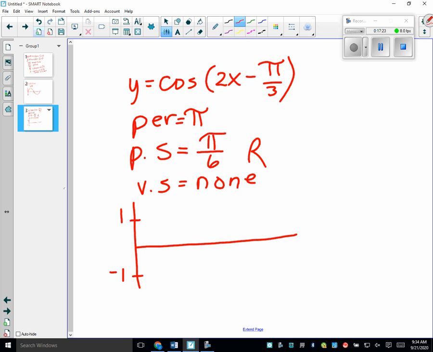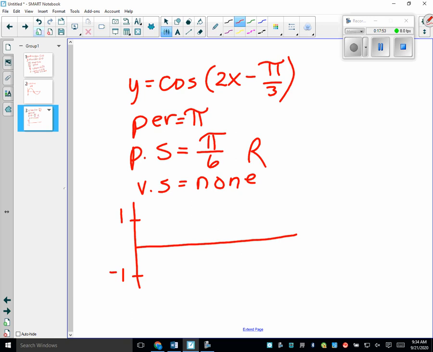No. So let's go back to our window. What was our scale? Pi over 4. We had a pi over 6 shift. So can we try pi over 12? Why would I choose pi over 12? That's a common denominator for the two.